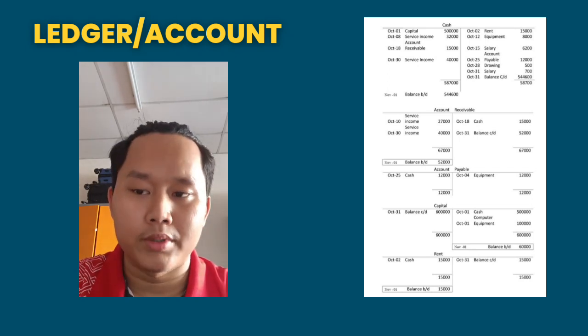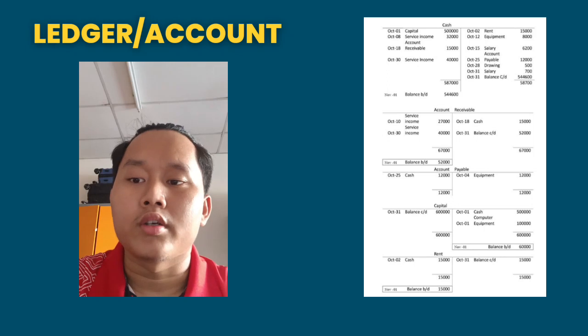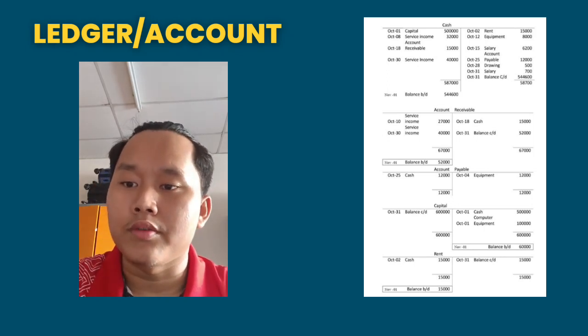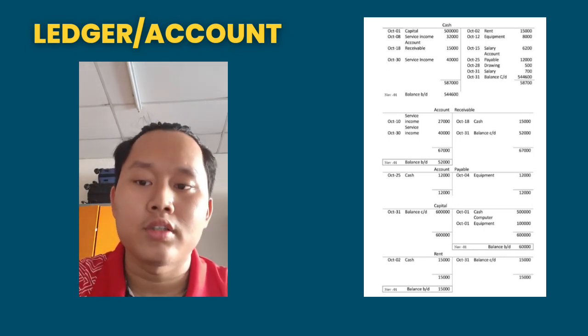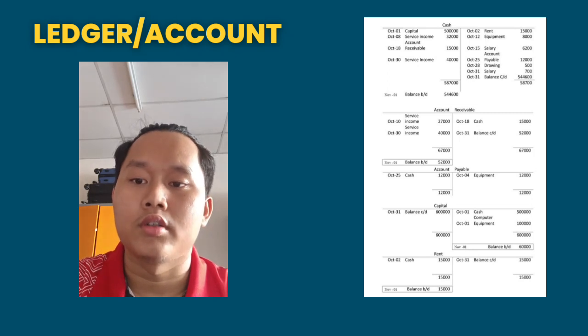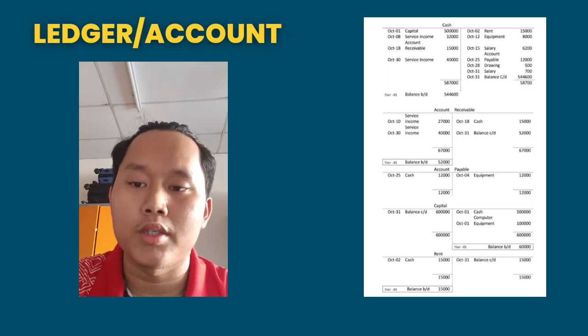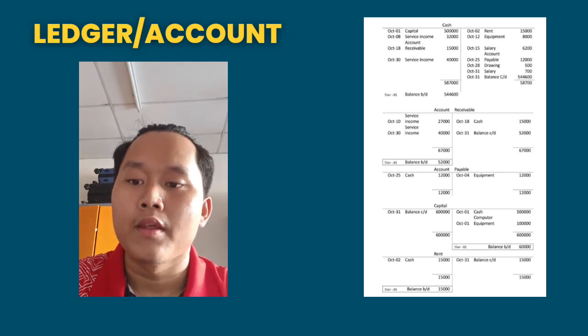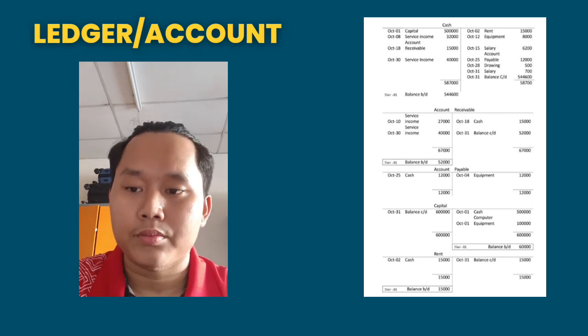Next is account payable. In the debit side is October 25 cash 12,000, and the credit side is October 4 equipment 12,000, and the total of the credit and debit is 12,000. Next is capital account.